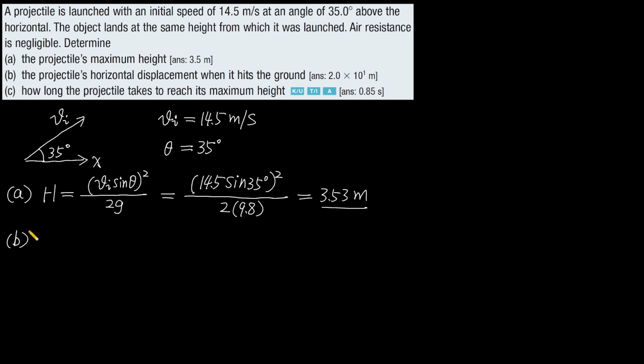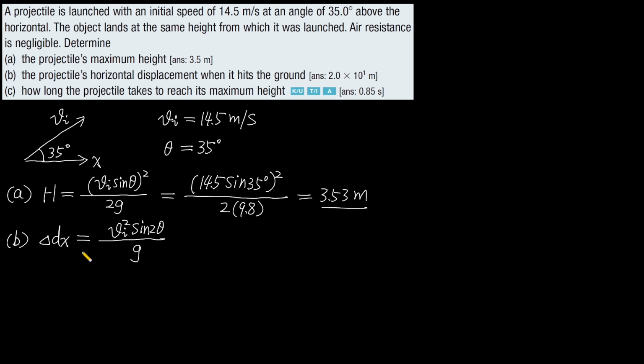Then B, its horizontal displacement. We have this formula. The horizontal displacement equals the initial velocity squared multiplied by sin 2 theta divided by acceleration g.